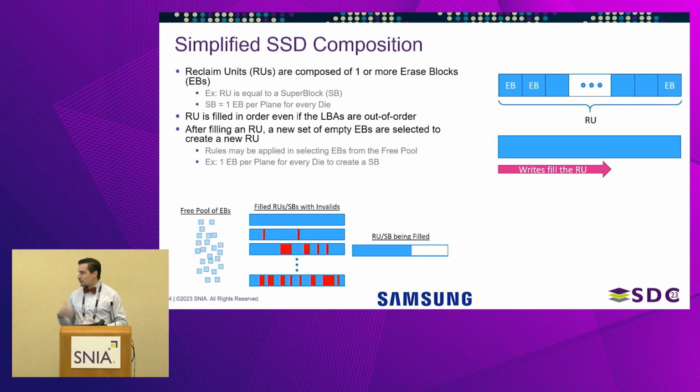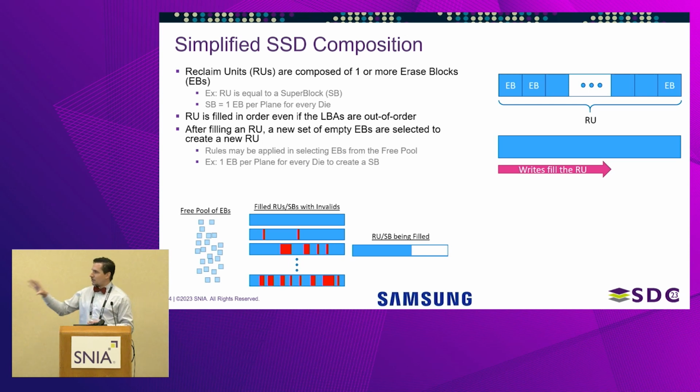And if you were to write randomly, you could also easily do this diagram here in the center where you've filled your RUs, but you've been invalidating data. So writing randomly, you could order these RUs from most valid to least valid, right?